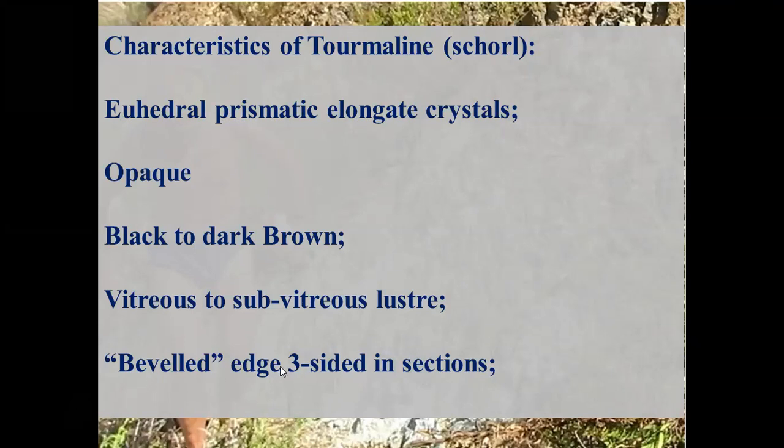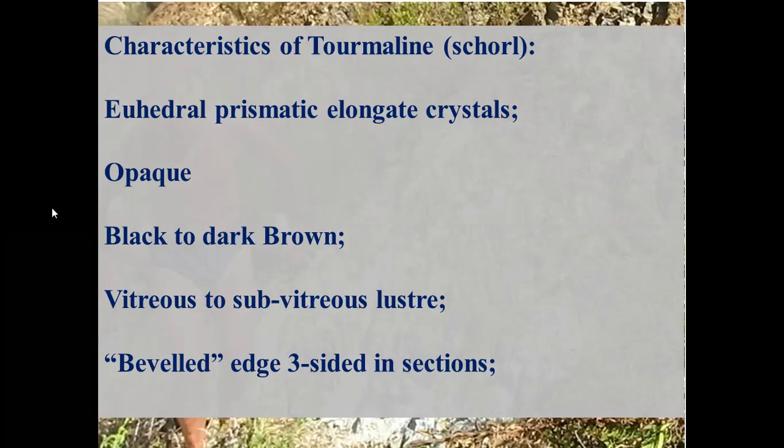So that was the crucial giveaway for those crystals. This vitreous to subvitreous luster, and remember, it's much less glossy than the amphiboles, which is the other elongated crystal that you could mistake for tourmaline.